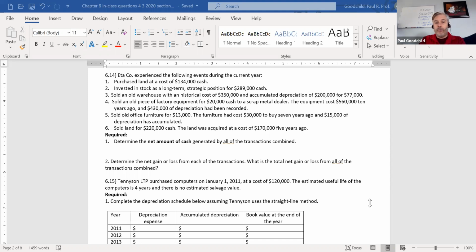So hopefully this will help you understand that, Juliana, as we go through 14. I'm going to go through and explain it.